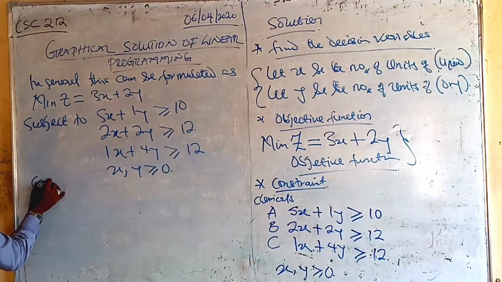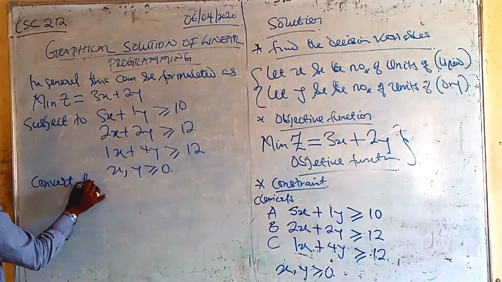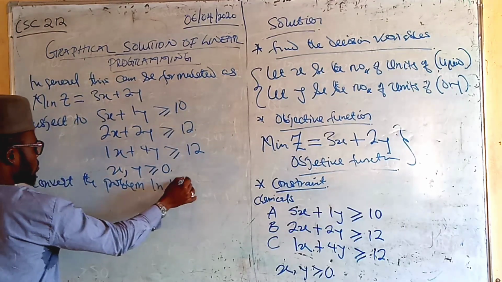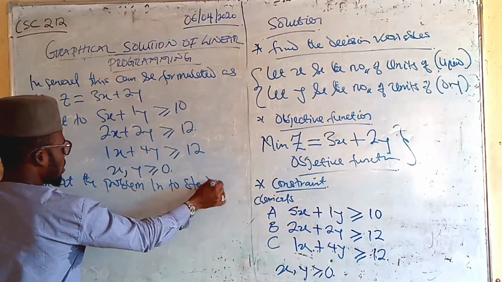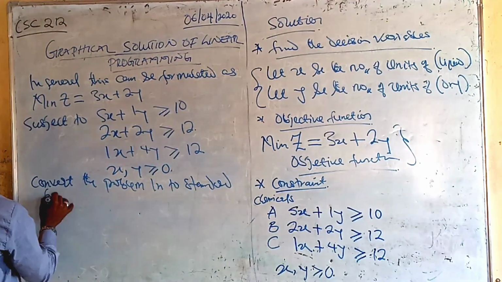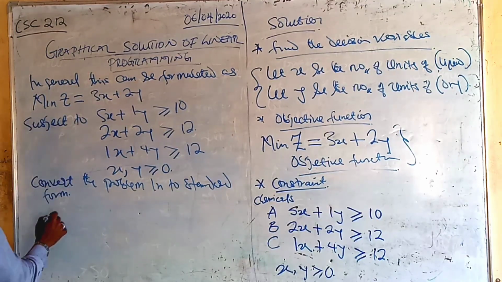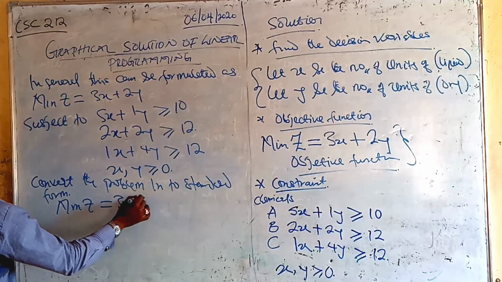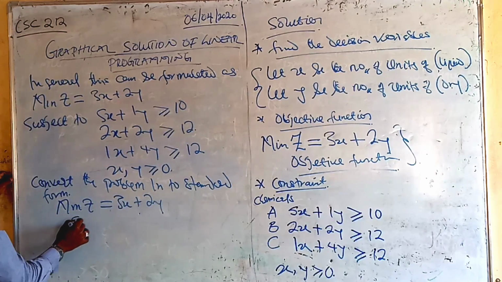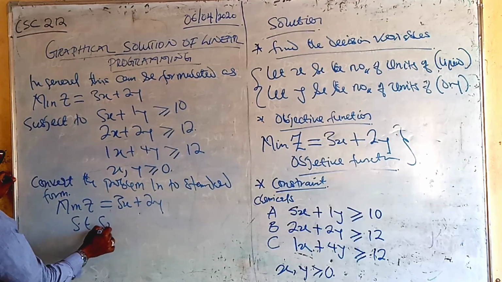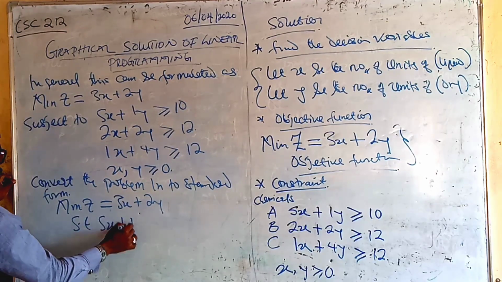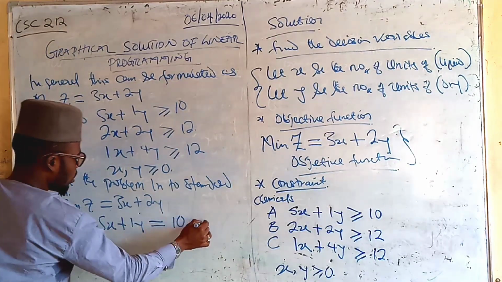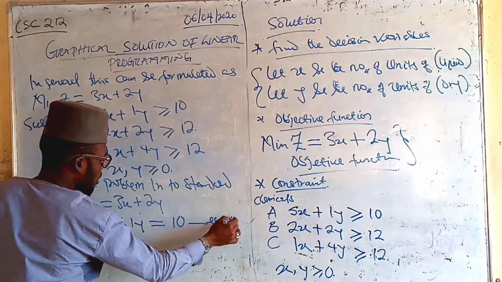So, convert the problem into standard form by saying min z is equals to 3x plus 2y, which is subject to 5x plus 1y is equals to 10. We call this equation 1.